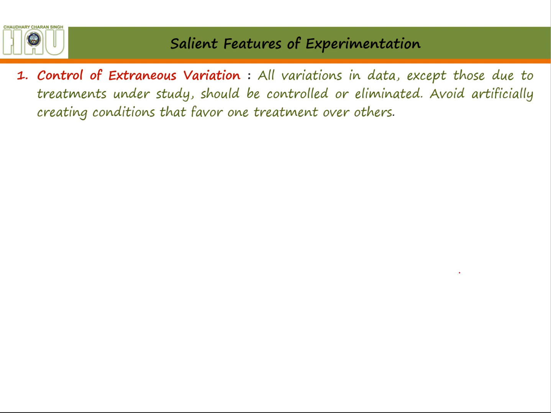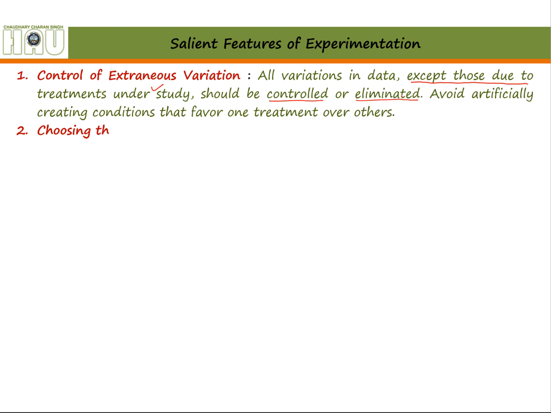So all the variation in the data except that due to the treatment under study should be controlled or eliminated, by means of certain techniques. And always avoid artificially created conditions that favor one treatment over another. By doing these things you can control the variation which is beyond our control.